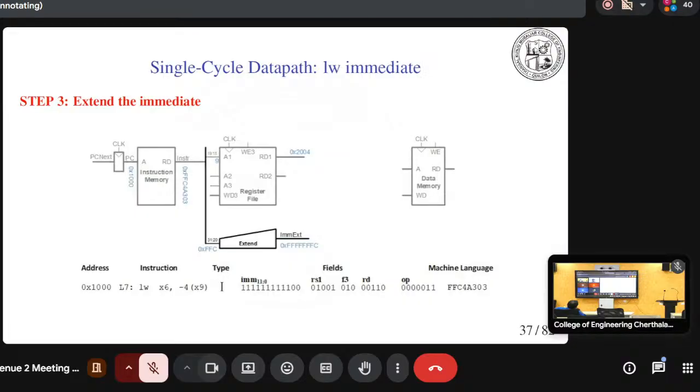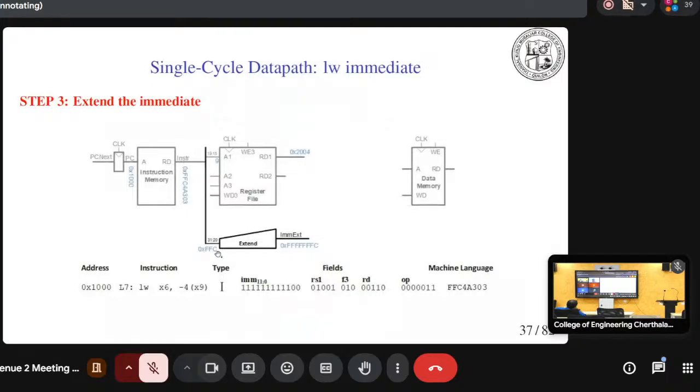Now, third step is extending the immediate. So -4 when converted to machine code is FFC.